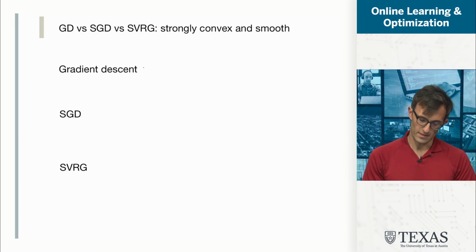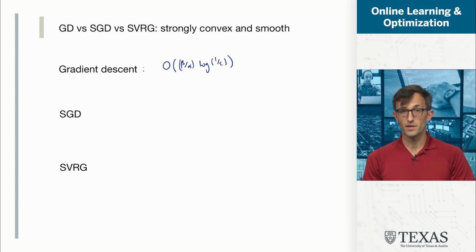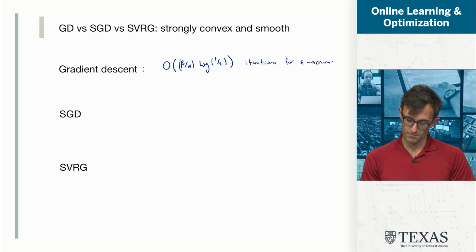So gradient descent has a convergence rate of order beta over alpha times log 1 over epsilon. We need this many iterations of gradient descent in order to get to epsilon accuracy.